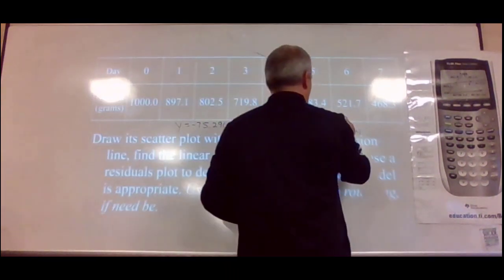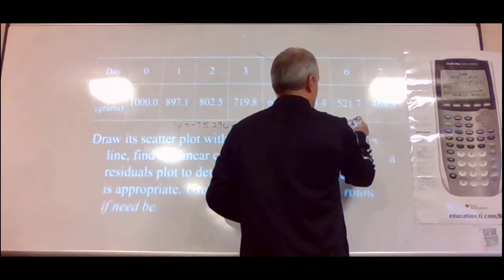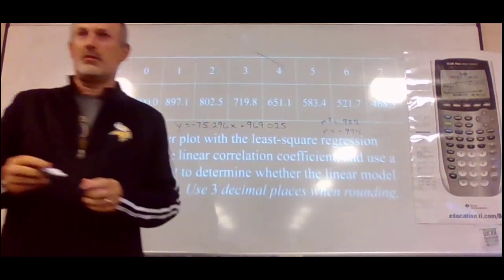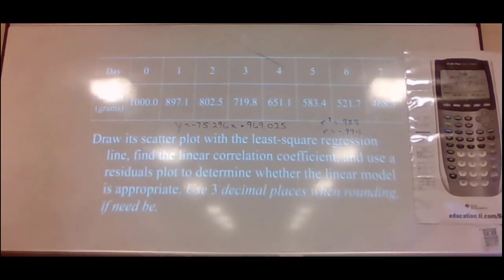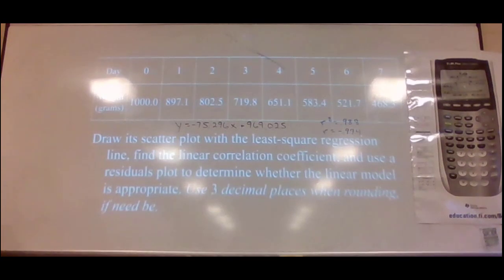And then the R squared value was 0.988. So from all those numbers, it seems like our linear regression line is a good fit for this, right? Because those numbers are really close to 1 and -1. Does that make sense from what we talked about last week? Okay, good. So let's move on then.